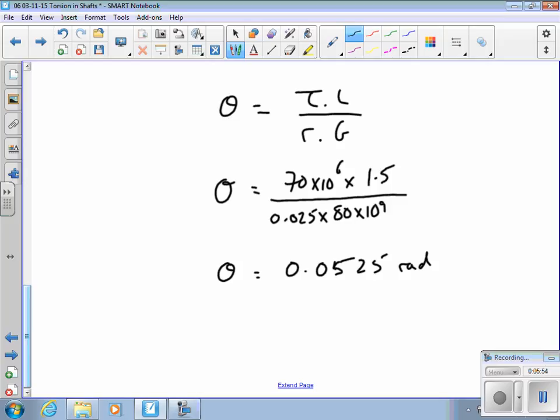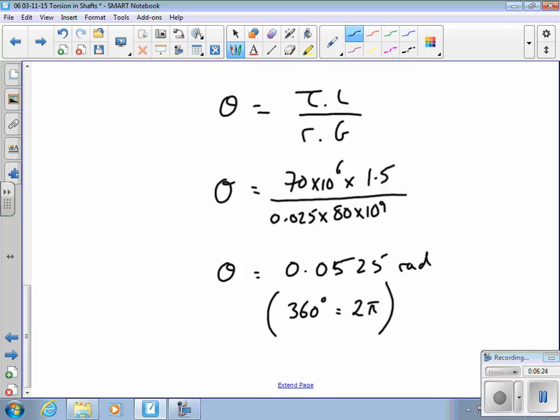How would I convert it to degrees? To convert, remember, Lee was telling us, 360 degrees is 2 pi radians. That's the thing to remember. It's not on your formula sheet, add it.